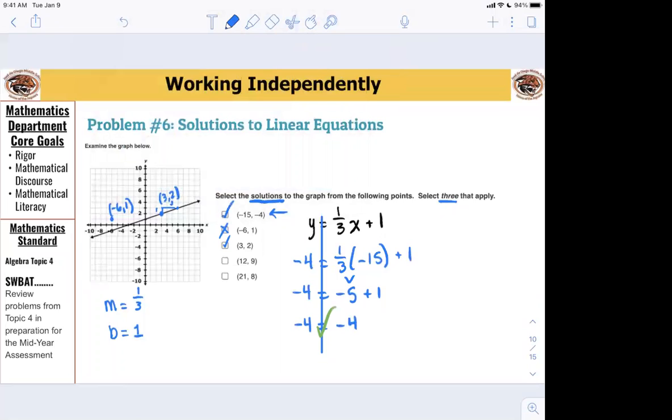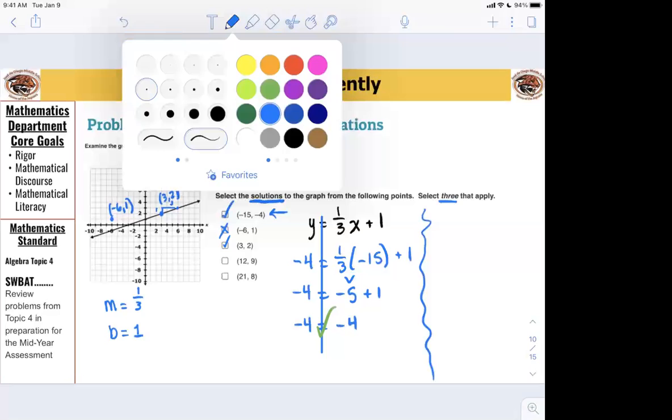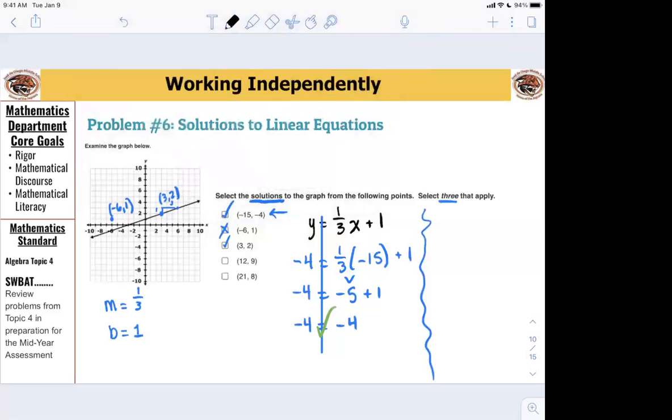So now I have 2 answers in. I know I'm looking for one more because I need 3 that apply. So if the next one works out, good. If it doesn't, then I know it's the other one. So I'll plug in 12 and 9. Okay, 9 goes in for y. 12 goes in for x. 12 times 1/3, what's that? 4.